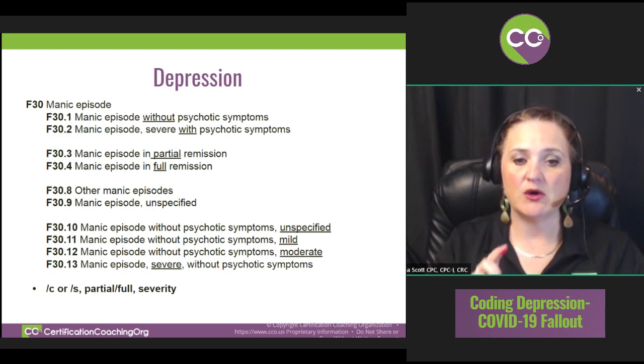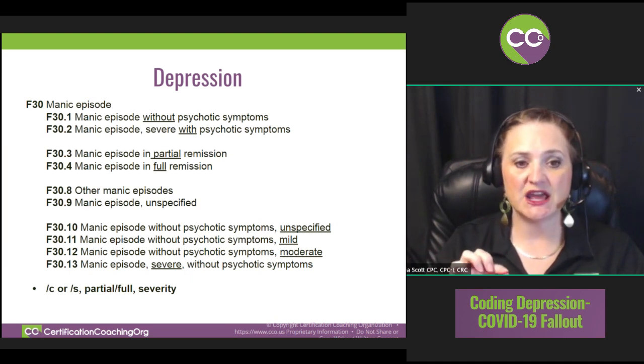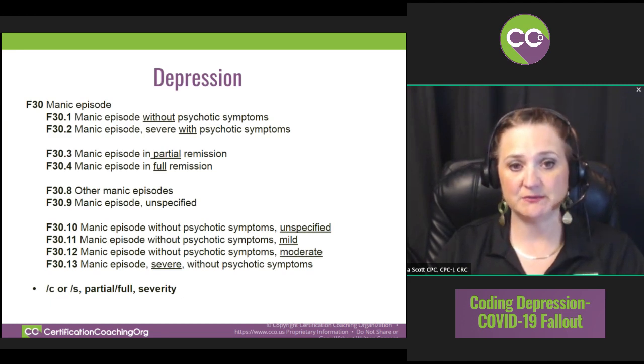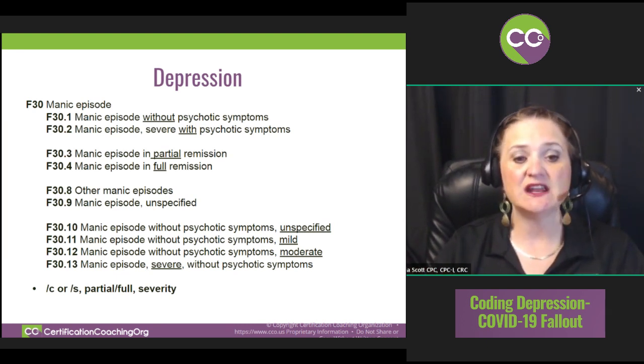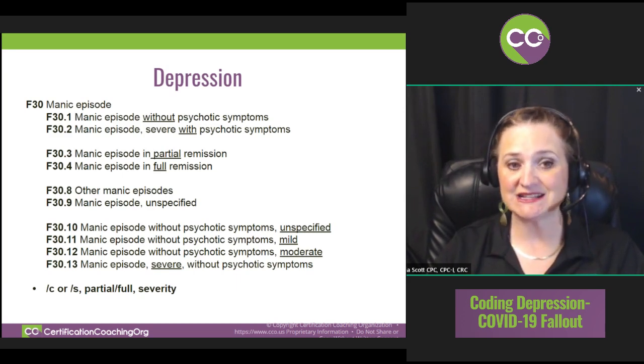Now, there are other manic episodes and unspecified. Through every single one of these, I took F301, which is without psychotic symptoms. Pretty common, I would say. And then it's further divided up in the last character, which is 0, 1, 2, or 3.